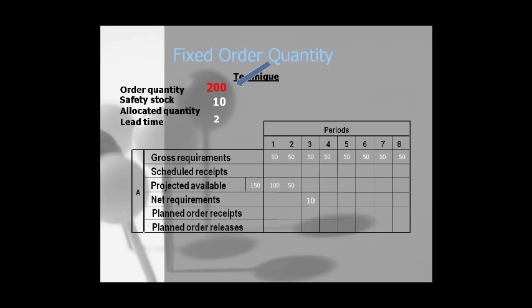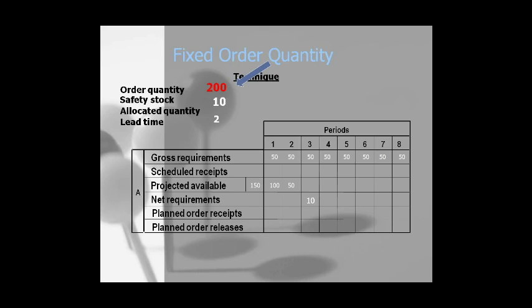We have been using throughout this webinar a lot for lot ordering technique. If I need 50 in a period, I order 50. If, as in the prior example, I needed 10 in a period, I ordered 10. Remember, MRP always tries to solve for 0 available inventory at the end of the period unless we tell it different.